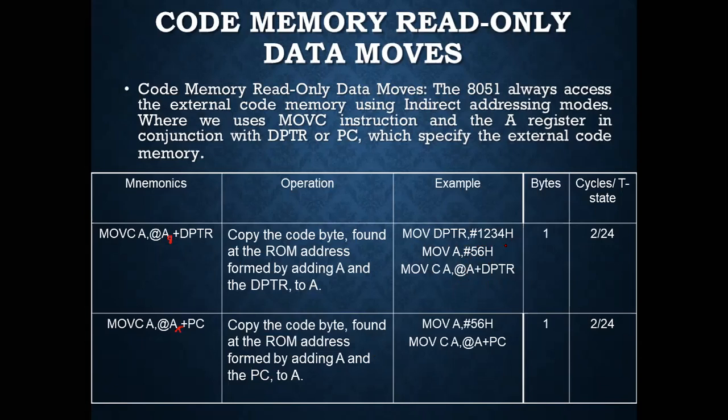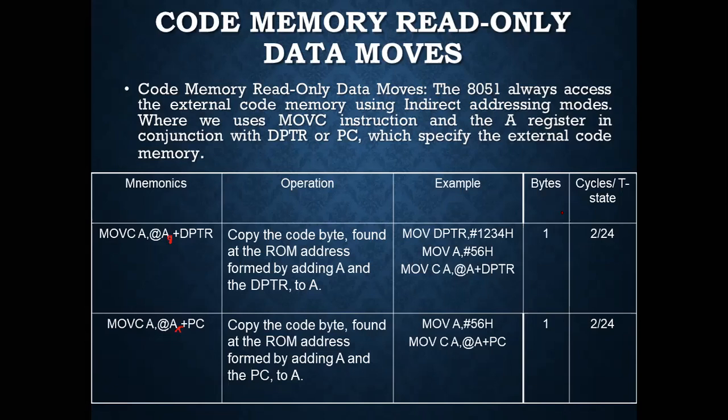What is the value of A plus DPTR? That means 1234H plus 56H, so it will come to 128AH. In the memory location 128AH, whatever the content is stored, that is moved to the A register.